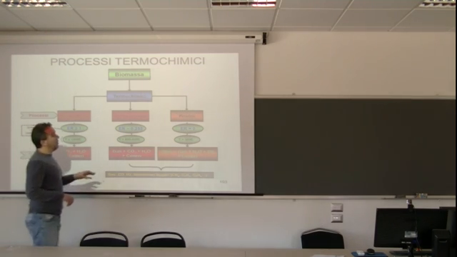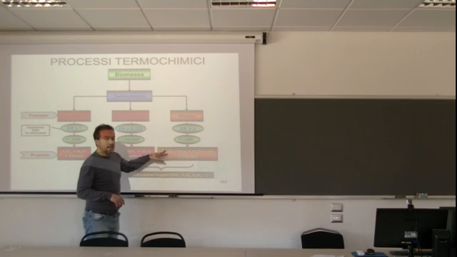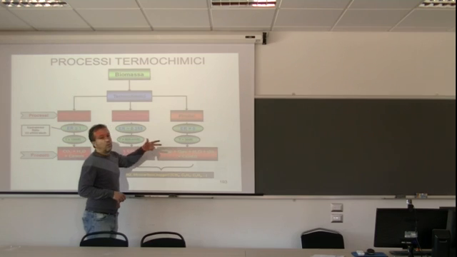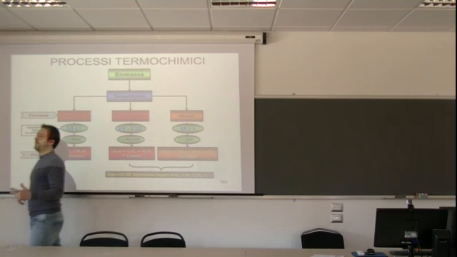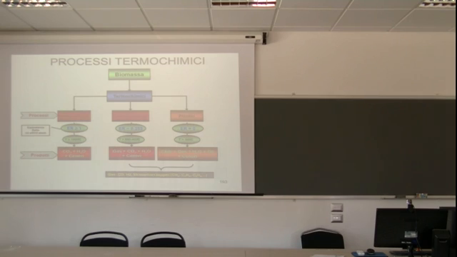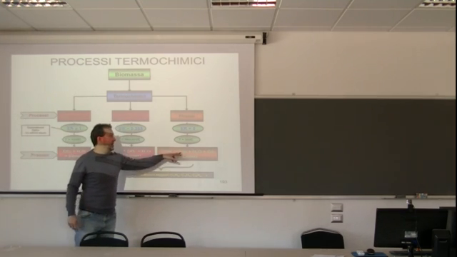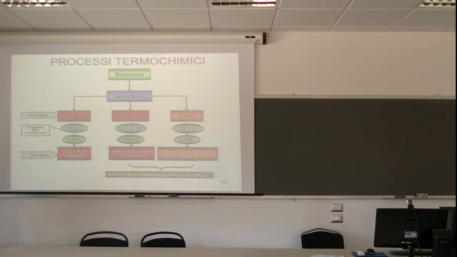But you also obtain a solid coal, which is named char, and you also obtain a liquid oil, which can also be used for energy purposes if you are able to use it. And of course, some ashes and some steam from the process. Okay. These are the three thermochemical processes.